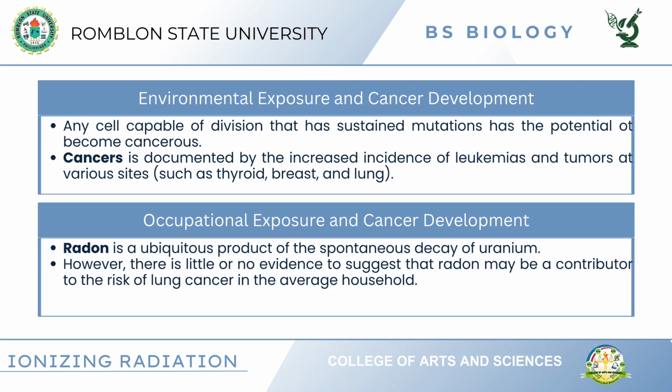And mutation caused by radiation also can disrupt the genes that regulate the cell cycle, like tumor suppressor genes or proto-oncogenes, which push cells towards a cancerous state.